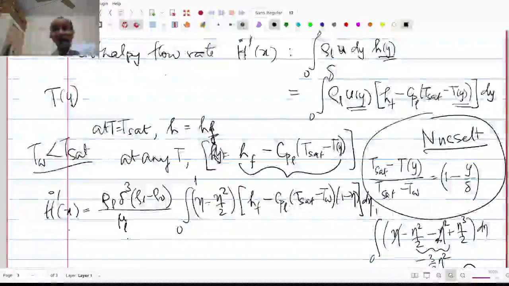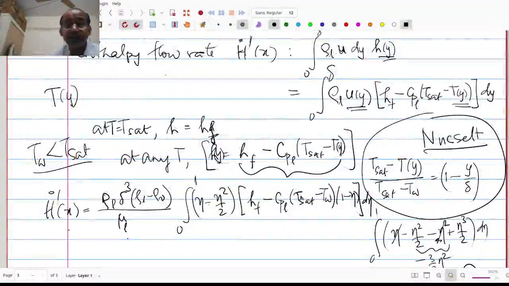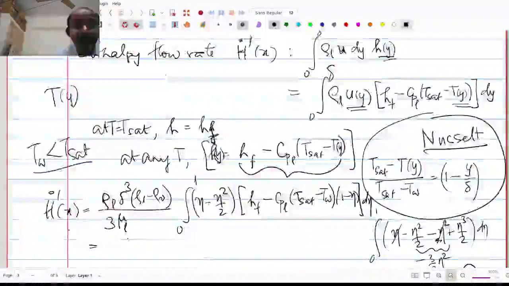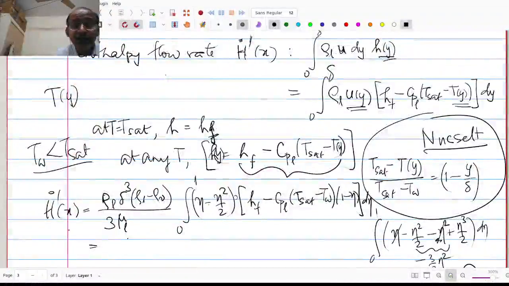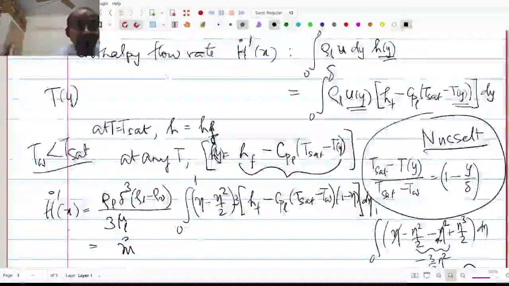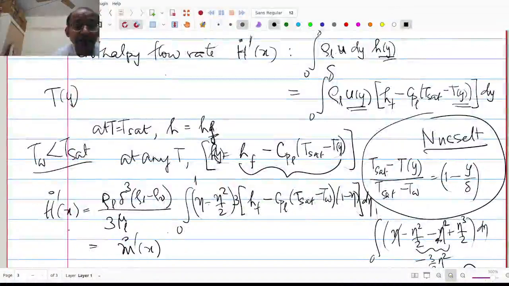Okay, so if I now do this integration, one I'll have an HF and then the other I'll have this. If I write a 3 here and a 3 here, so that it becomes easier to handle, then it becomes m dot prime of x on the left hand side multiplied by, there are two integrations that are there.